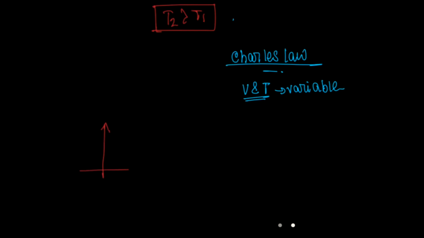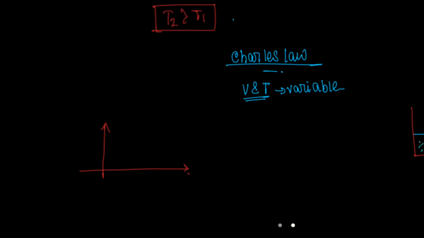How would the curve look? First, let's see what Charles law is trying to tell you. Let's say I have a beaker, and in that beaker I took some gas particles.